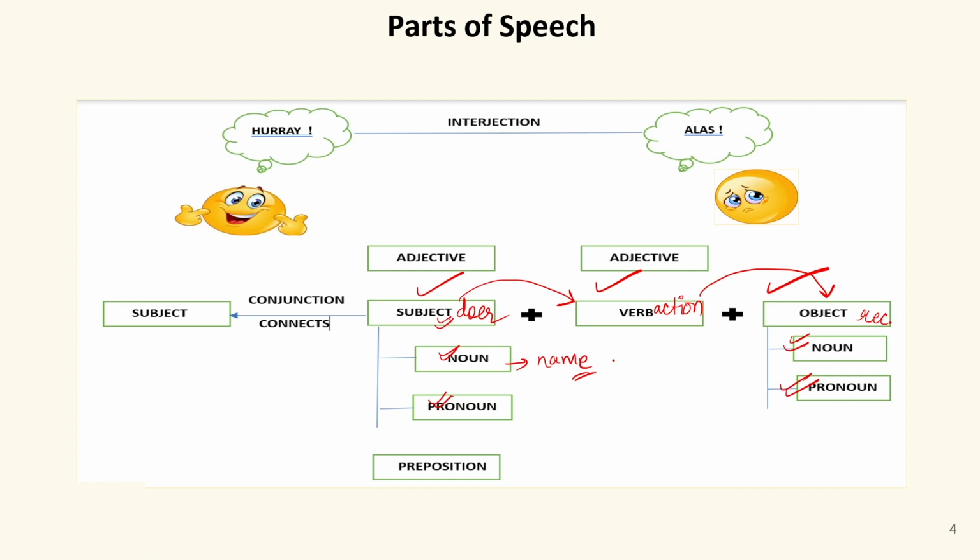Suppose we are saying Ravi, we are saying Harish, all these names are noun. Pronouns are the words that replace noun or that can replace noun. For example, if I say Ravi is going to London, instead of Ravi, I can use he is going to London.